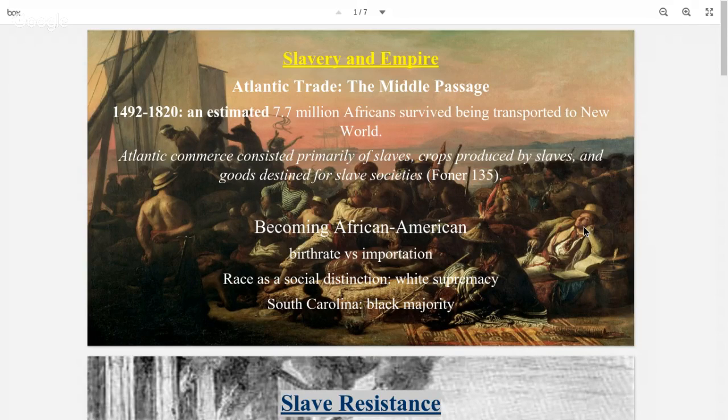So race is a social distinction. This ties it. Race is a social distinction. The idea of white supremacy, of race, is a social construct. It doesn't exist from a scientific perspective. There are different ethnic groups, but there are not different races. This is something that develops, and when you think of race and racism in America, what we're talking about usually is white supremacy.